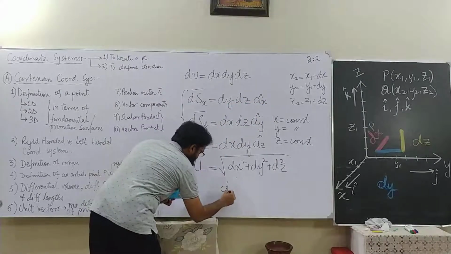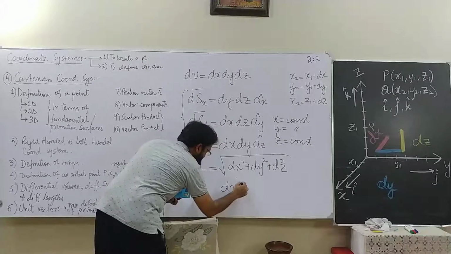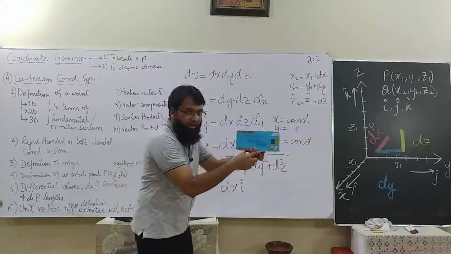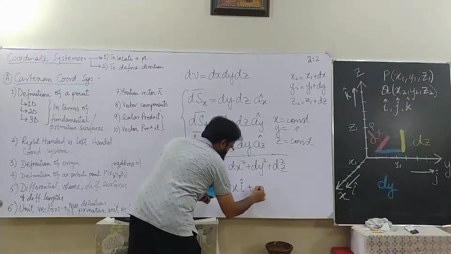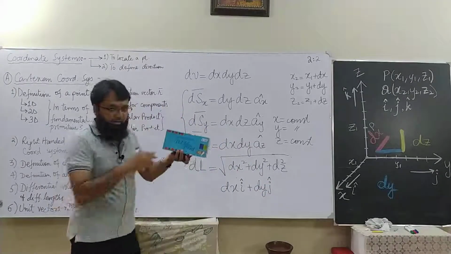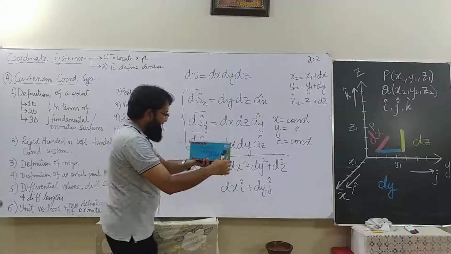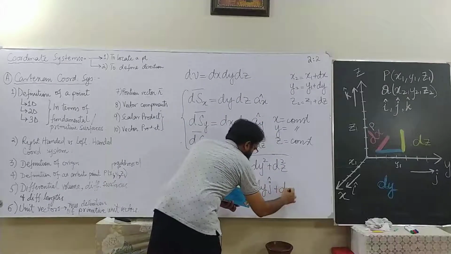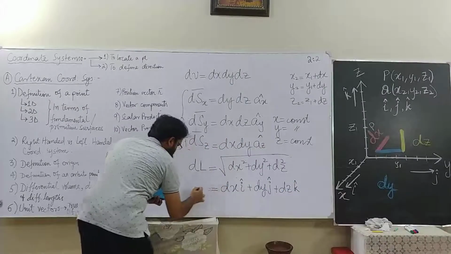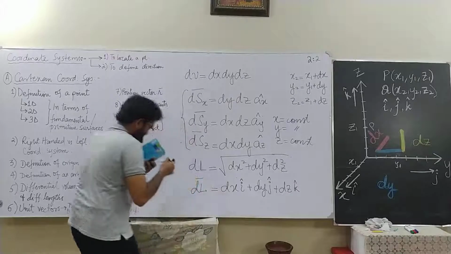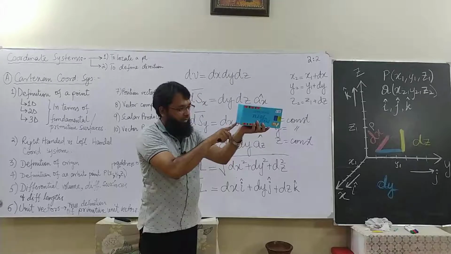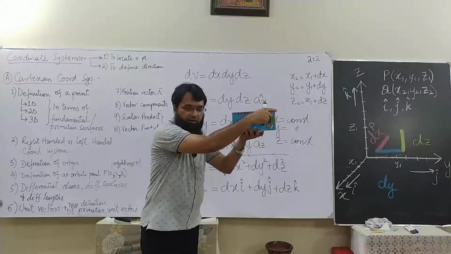In the direction of y, dy units. And in the direction of z, dz units. If I add all these together, I will get a vector differential length which will show me the direction from point P to point Q.